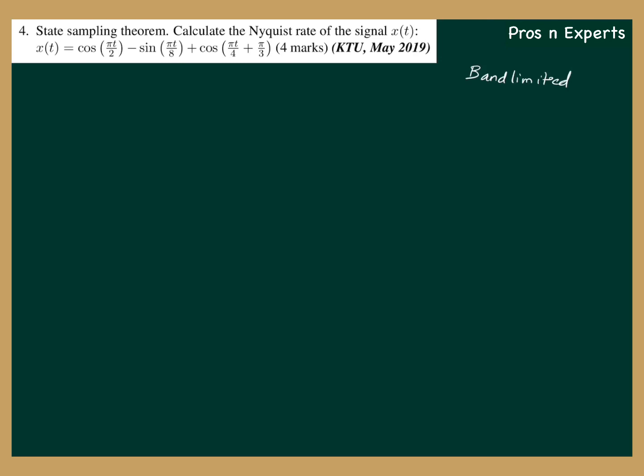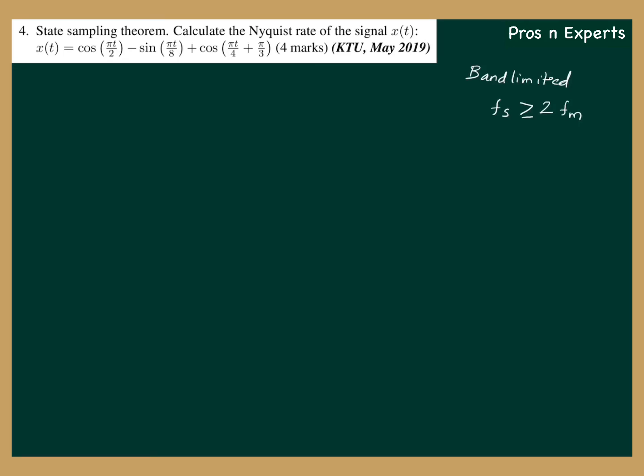can be sampled, and it can also be retrieved from its samples faithfully without any errors, only when the sampling frequency fs is greater than or equal to twice the maximum frequency component of the message signal.